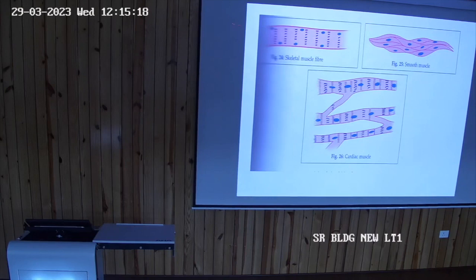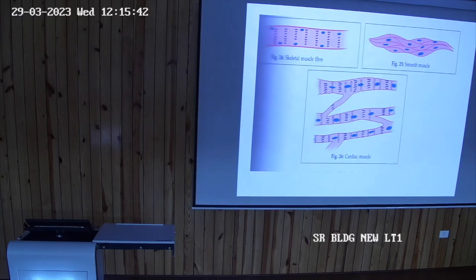Okay. So in skeletal muscle, this is longitudinal section, not transverse section. I am telling you first the longitudinal section. In LS of skeletal muscle fiber: flattened peripheral nuclei, elongated muscle fiber, and striations, transverse striations.